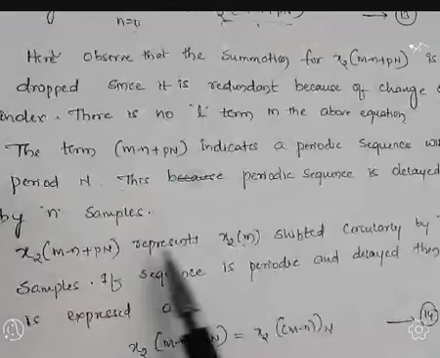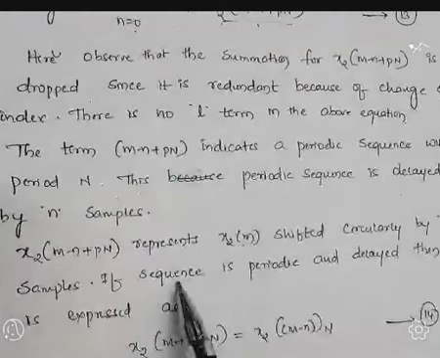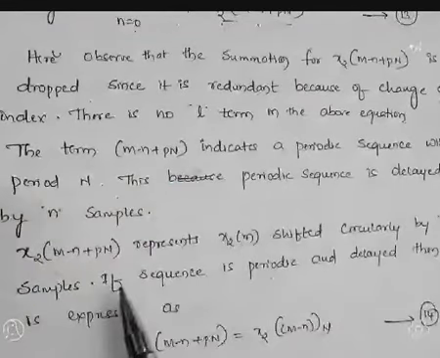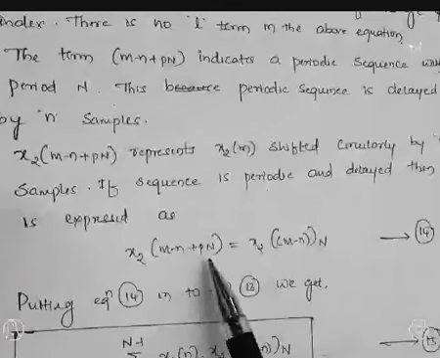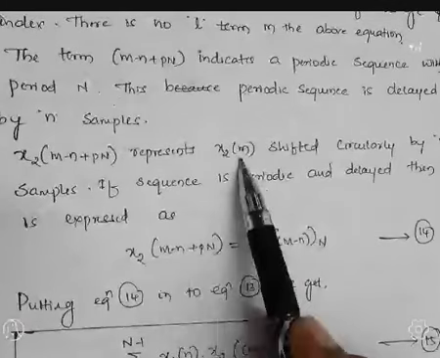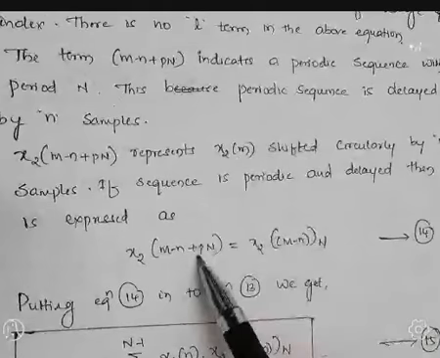If a sequence is periodic and delayed, it is expressed as x2 of (m minus n plus pN), which indicates that the sequence x2 of m is shifted by n samples of length N. That we write like this: x2 of (m minus n) of length N.